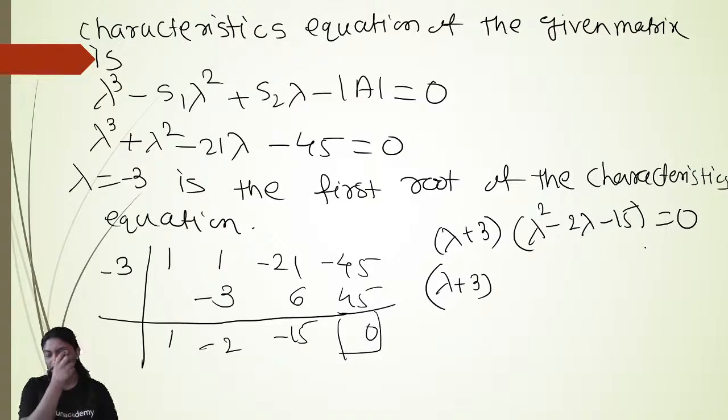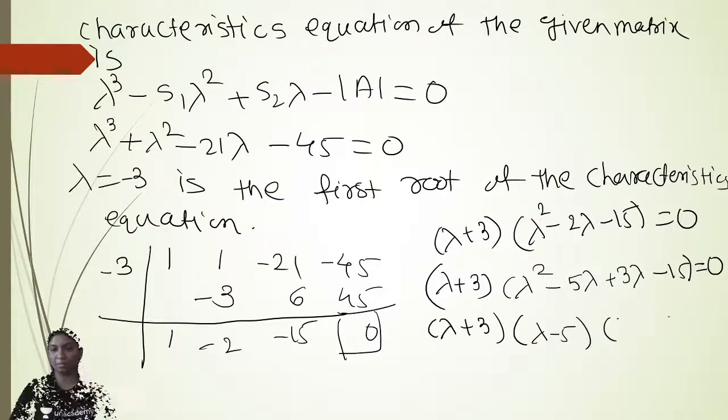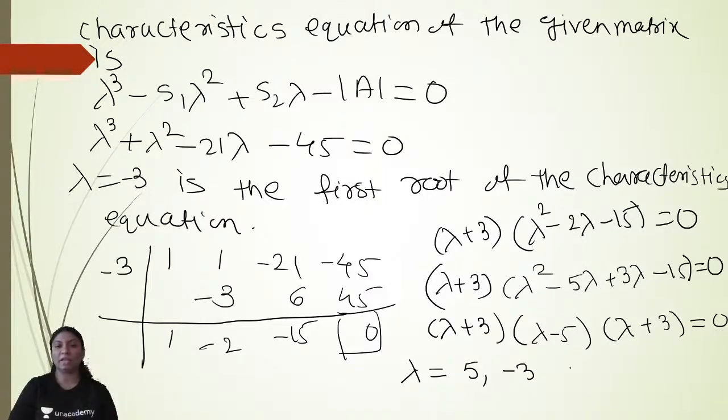So we will get lambda square minus 5 lambda plus 3 lambda minus 15 is equal to 0. Lambda plus 3 into, here you will get lambda minus 5 and into lambda plus 3. Okay, so is equal to 0. So lambda is equal to 5 and minus 3 and minus 3.